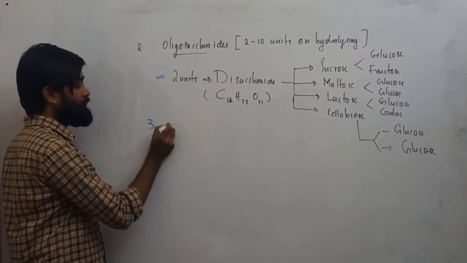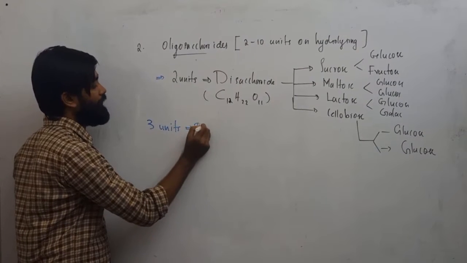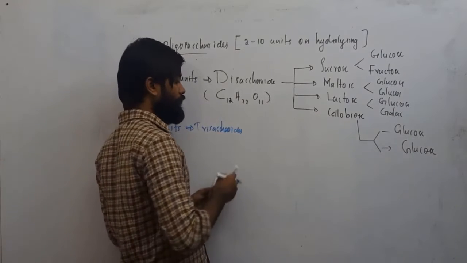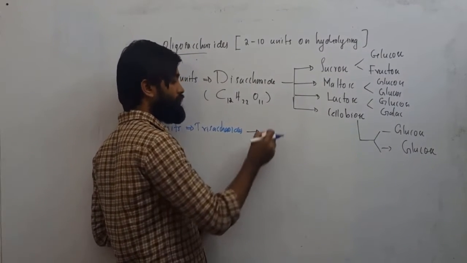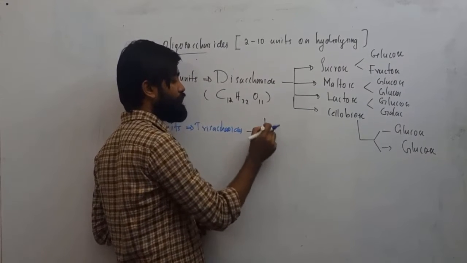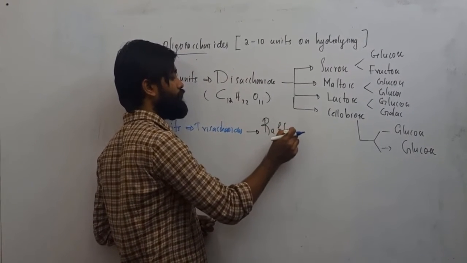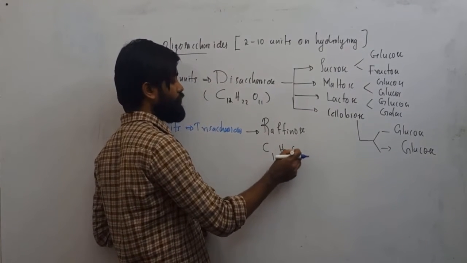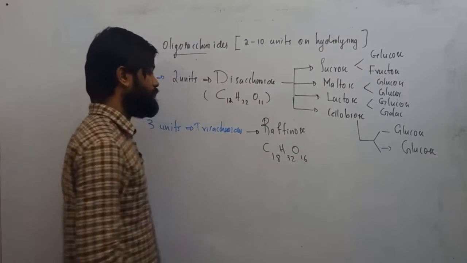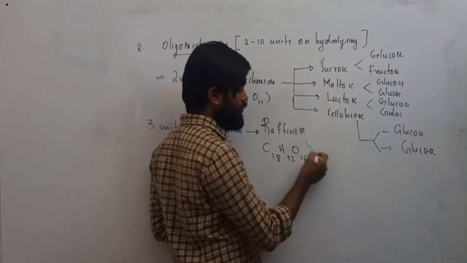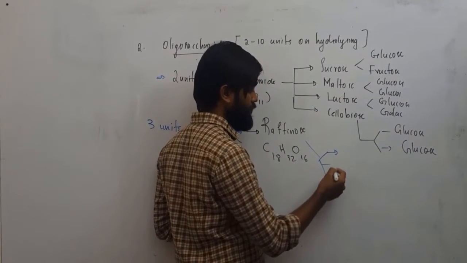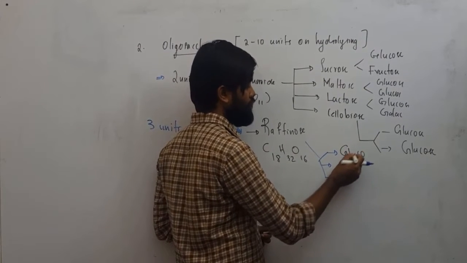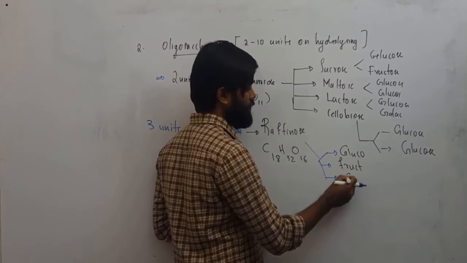The second category, if it is 3 units, is said to be trisaccharide. The example for the trisaccharide is raffinose, with the formula C18H32O16. The monosaccharide units in raffinose are 3: glucose, fructose, galactose.